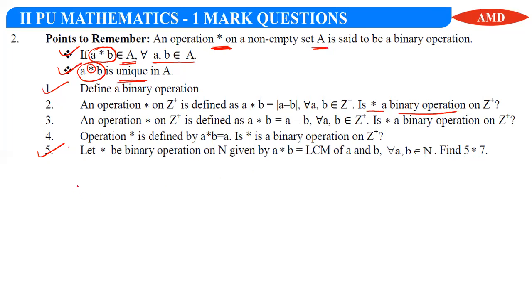So 5 star 7 is, according to the definition here, nothing but LCM of A, B, that is 5, 7. So that is equal to, what is the LCM of 5, 7? It is nothing but 35. So that's it.